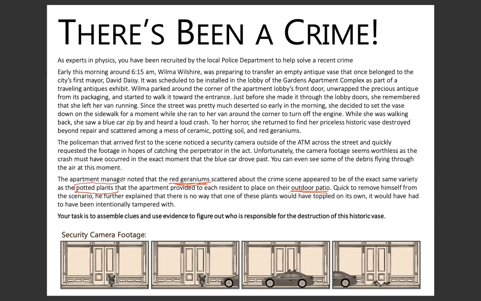This potted plant fell and it hit this vase, and we want to figure out where that potted plant came from. Basically what floor it came from.